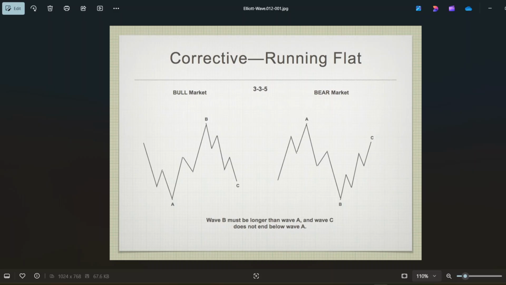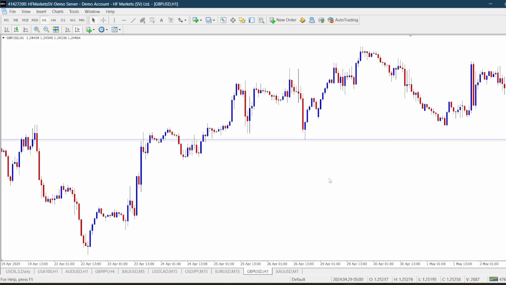We've talked about a regular flat and an expanded flat in the previous video. You might want to check that out. Now, a running flat occurs when the market is in a strong trend, right? And there is not enough selling or buying pressure to push price into a deeper correction. Essentially, traders try to push the market against the dominant trend. Now, one of the things with these patterns is they are not very easy to find, right?